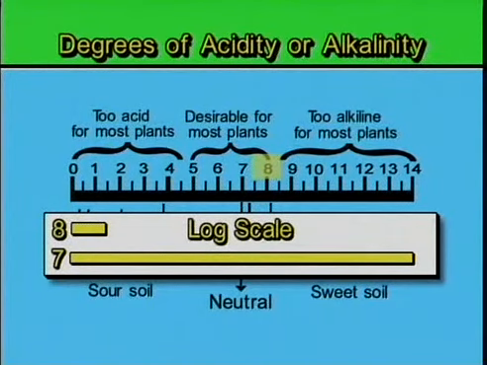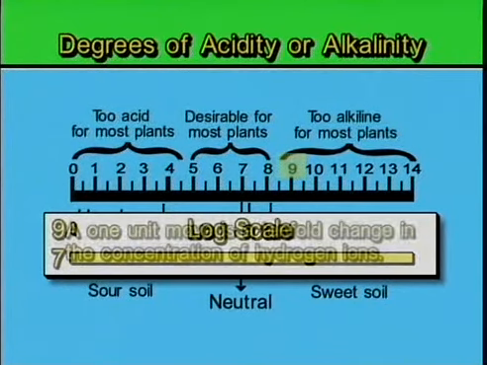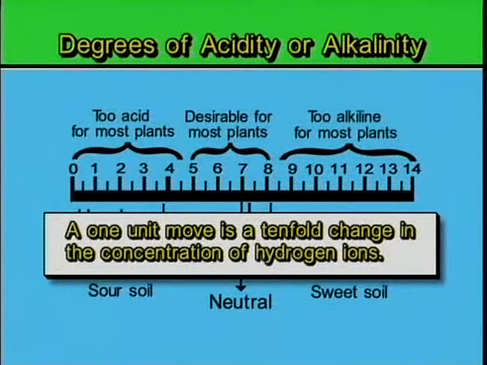Correspondingly, a soil with a pH of 9 would have 100 times less hydrogen than one that had a pH of 7. So a log scale implies that a 1 unit move is a 10-fold change in concentration of what we are measuring when we measure the acidity of the soil, which is a concentration of hydrogen ions.